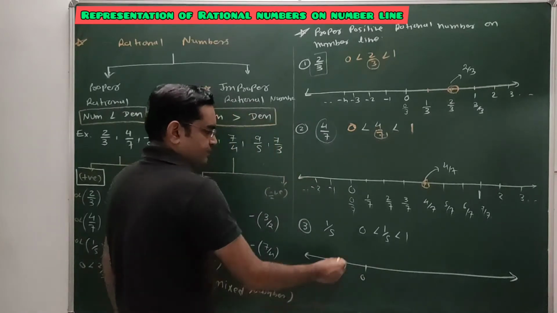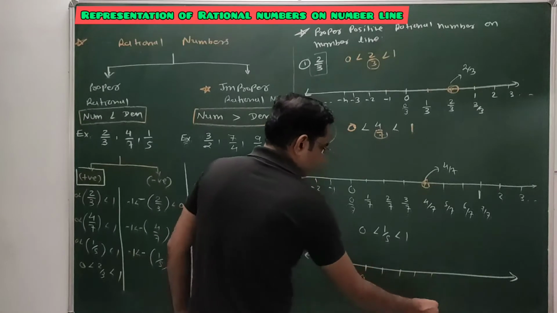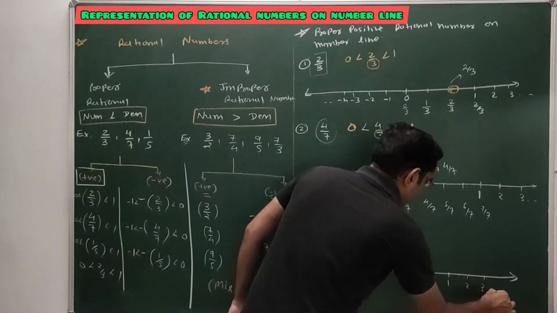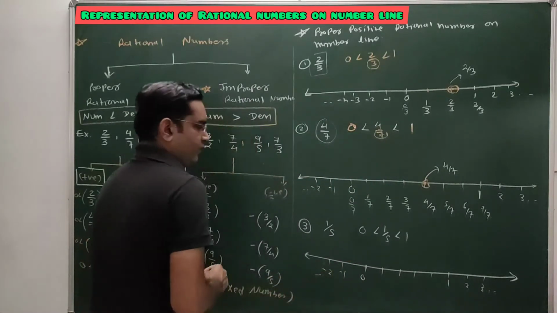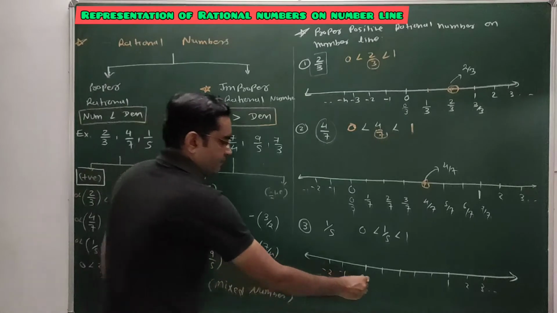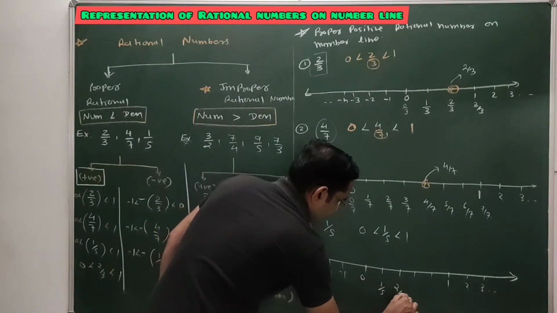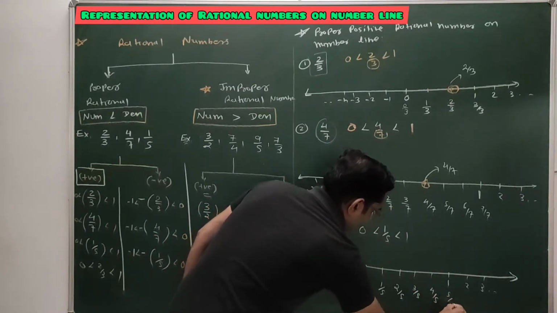So this is 0, in between there are 5 gaps, 1, 2, 3, 4 and 5 gaps. This is 1, 2, 3 up to infinite. This one is -1, -2 up to infinite. Now this will be 0/5, this is 1/5, 2/5, 3/5, 4/5, 5/5.